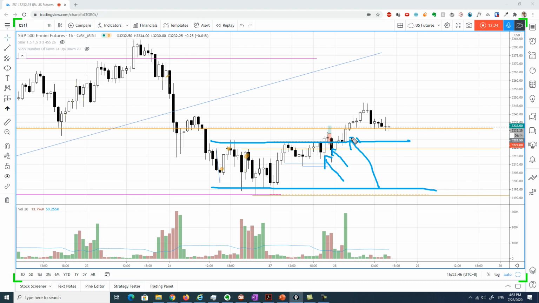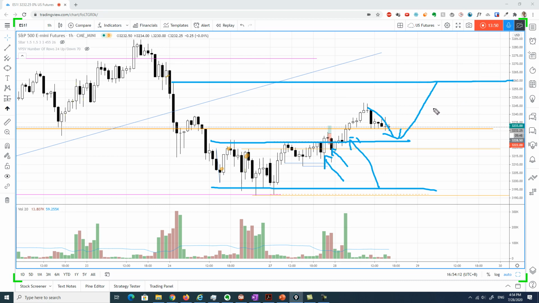So this is definitely a breakout bar, and I wouldn't be surprised to see the price go back to test this breakout bar, or even the resistance-turned-support level around 3225 or 28, around there, before it resumes the rally up to test this supply zone here at the 3260 level.